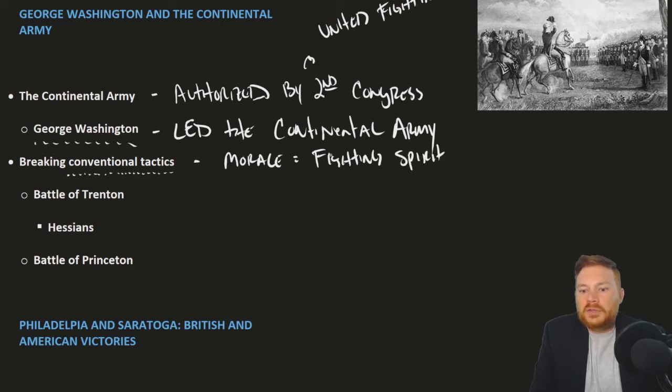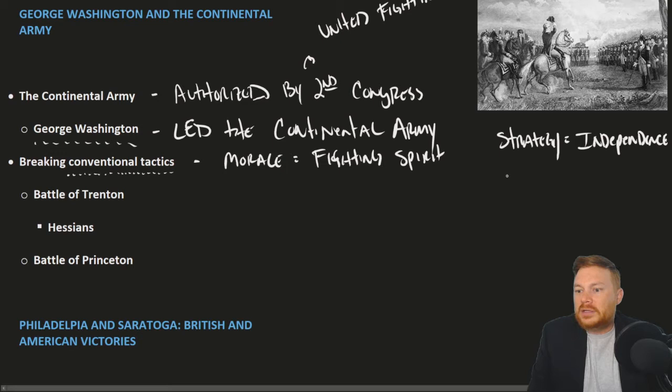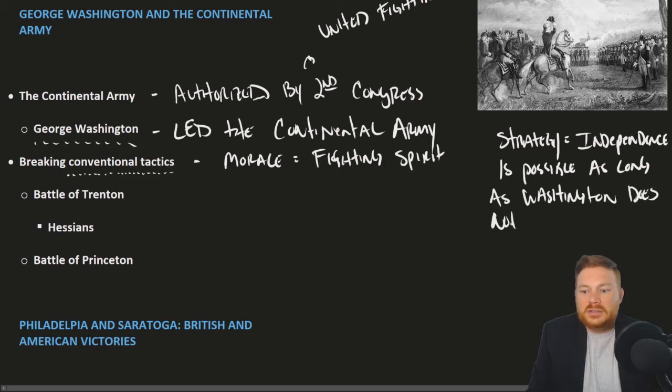Even though during the course of the revolution, as long as Washington doesn't surrender, the independence movement is still alive, right? So we might just say here, this might be the strategy: independence, so again, breaking away from Britain, is possible as long as Washington does not surrender.